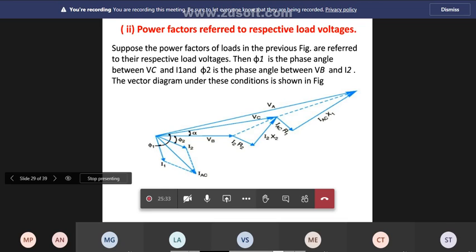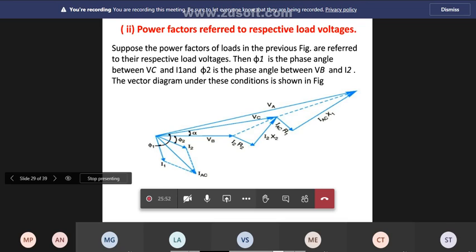Then we get the respective load voltage, phi 1, phi 2, phi 3. Sesi, Chanakya and Mohan Reddy's power factors are calculated individually. Now we have to calculate alpha. That alpha is nothing but the total load voltage of the three members.